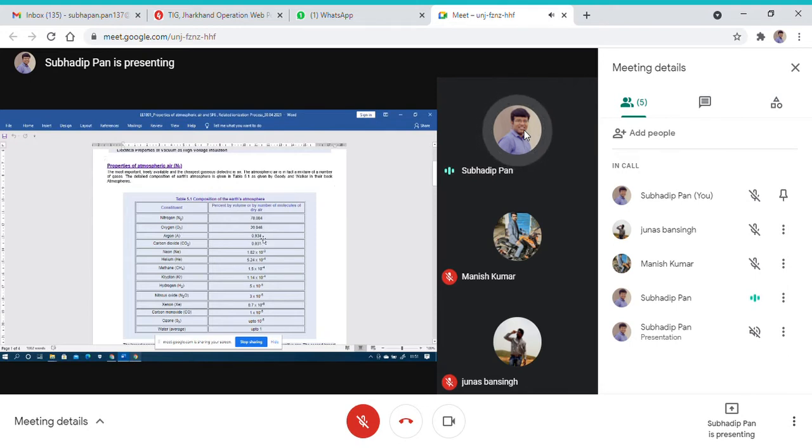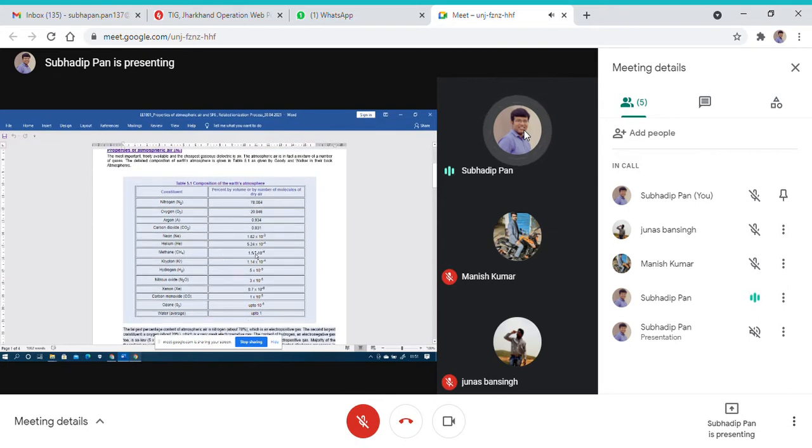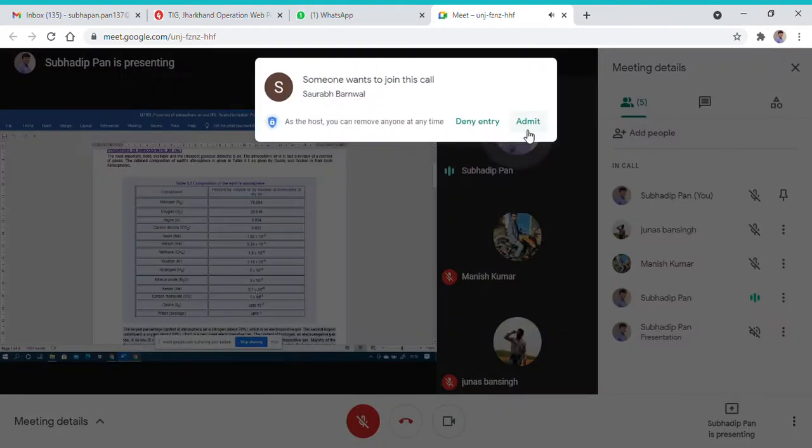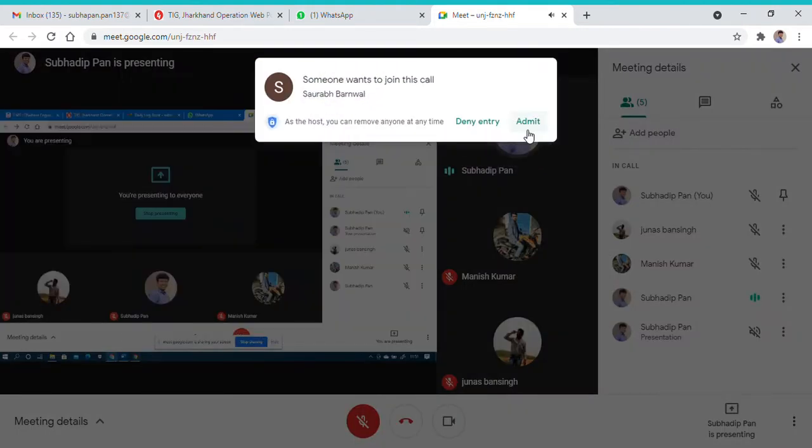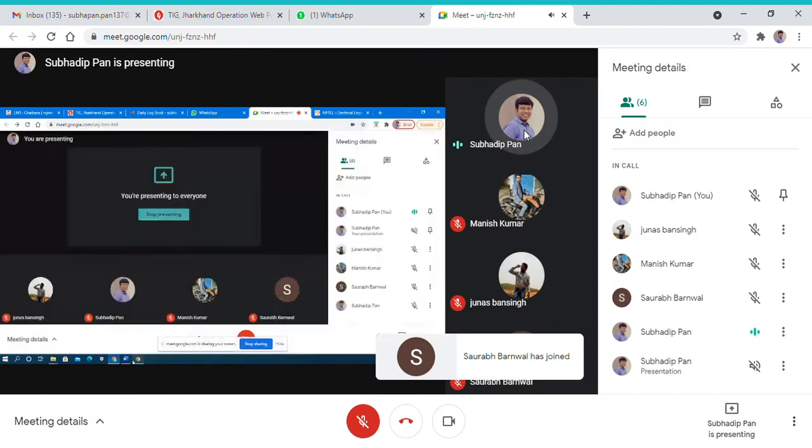Argon is 0.934, and carbon dioxide is 0.031, which is not necessary for our breathing purposes. Neon is 1.82 into 10 to the power minus 3, helium 5.24 into 10 to the power minus 4, methane 1.5 into 10 to the power minus 2, krypton 1.14 into 10 to the power minus 4, hydrogen 5.10 into 10 to the power minus 5, nitrous oxide N2O 3 into 10 to the power minus 5, and xenon Xe 8 into 10 to the power minus 6.